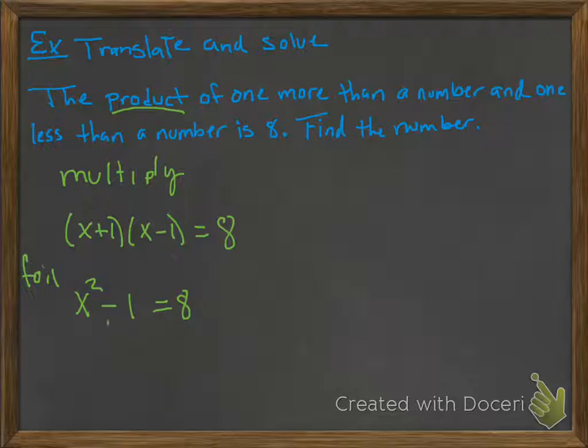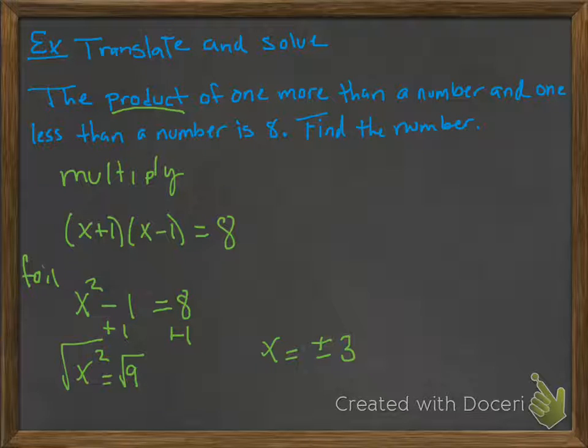And now I can solve by adding 1 to both sides. X squared is equal to 9. I take the square root, and x is equal to plus or minus 3.